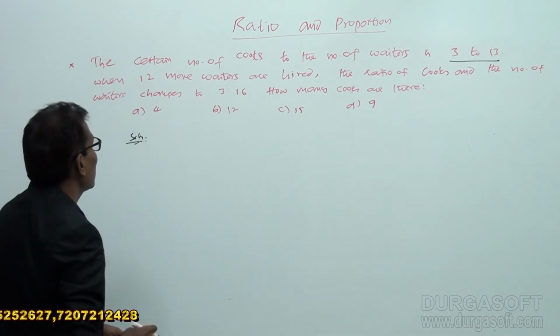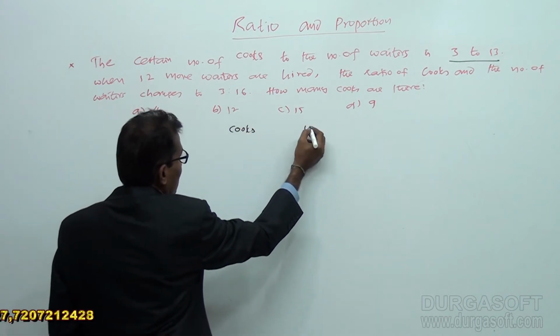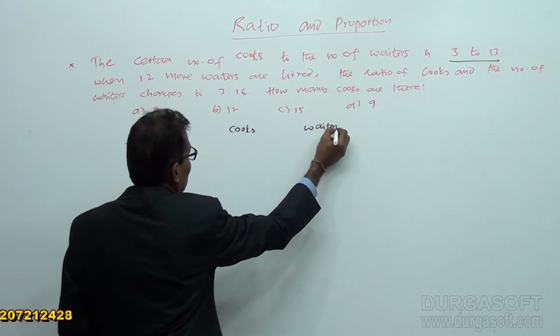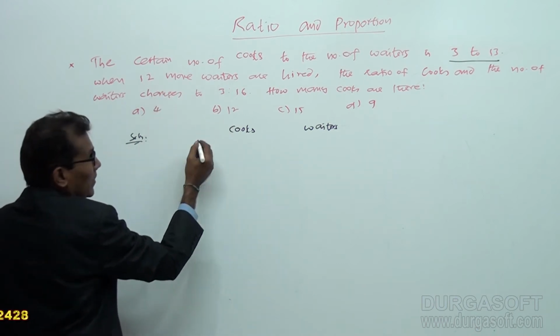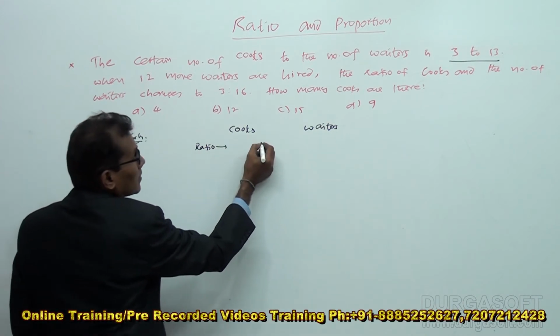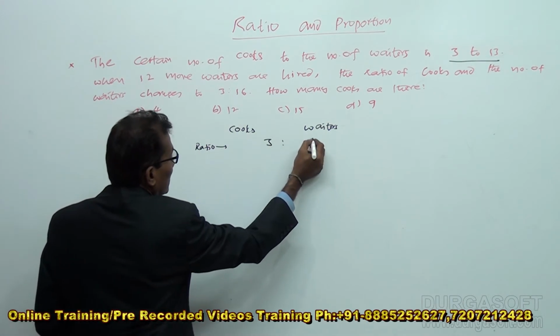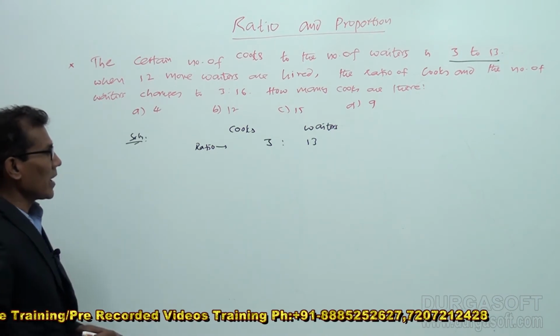Let us see. Here this is cooks and waiters. The ratio is given. The certain number of cooks and waiters are in the ratio 3:13. Now what happened when 12 more waiters are hired?